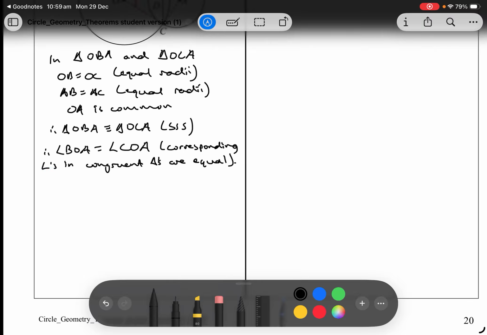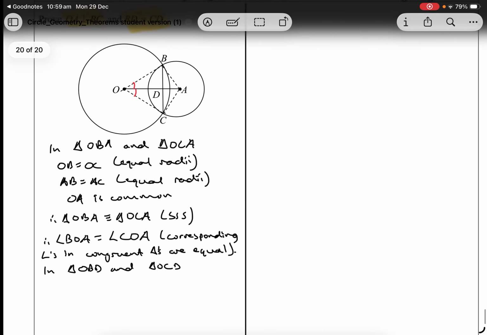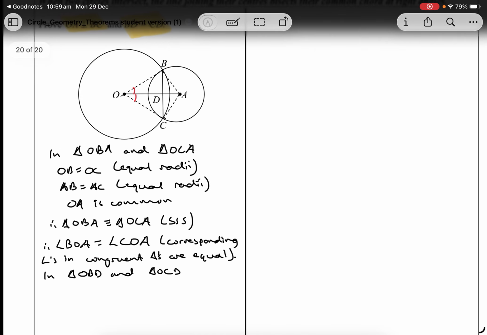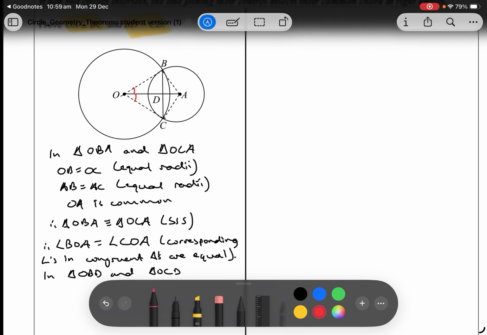Okay, now we're going to say in triangle OBD and triangle OCD. So we're looking at 2 new triangles now. We're looking at triangle OBD, this one here. So not that big triangle before, but OBD and OCD. We are looking at those ones now.